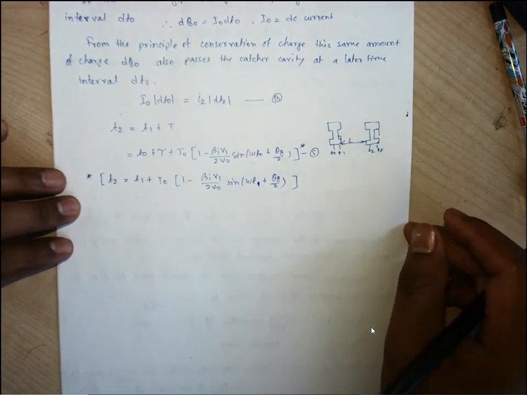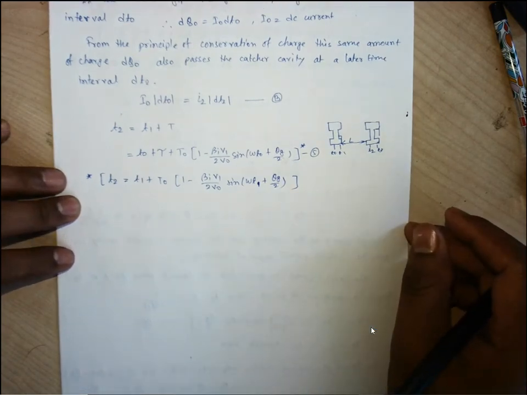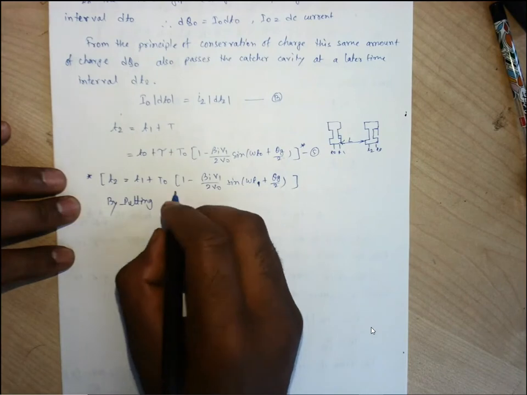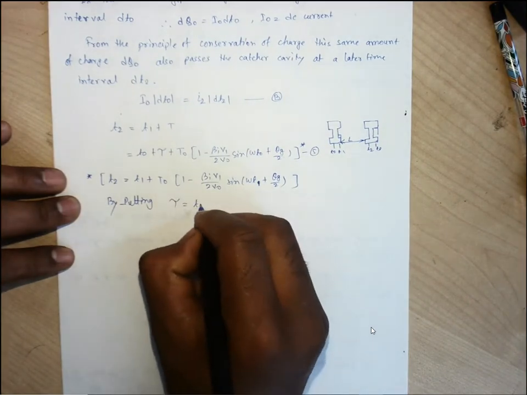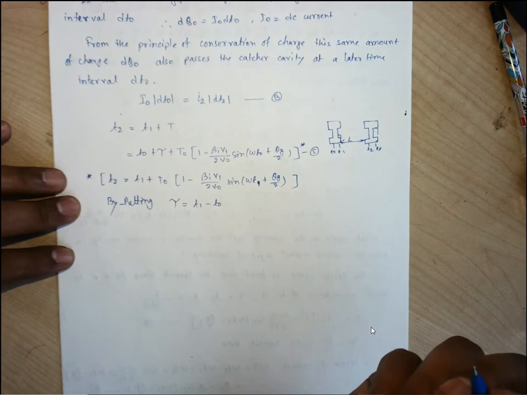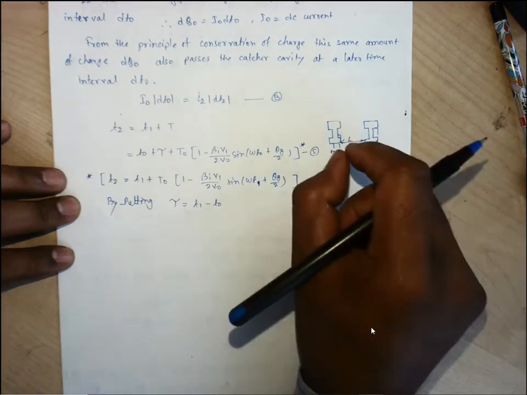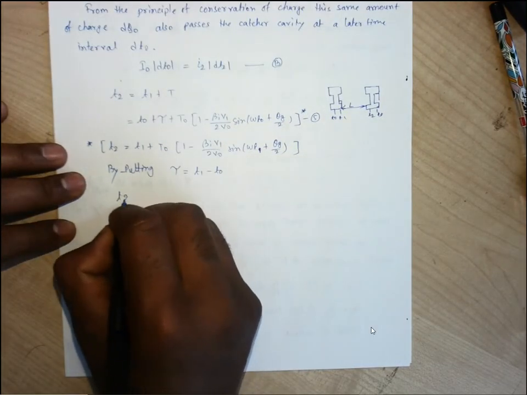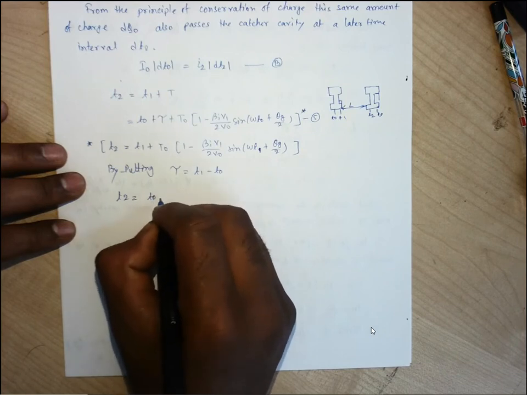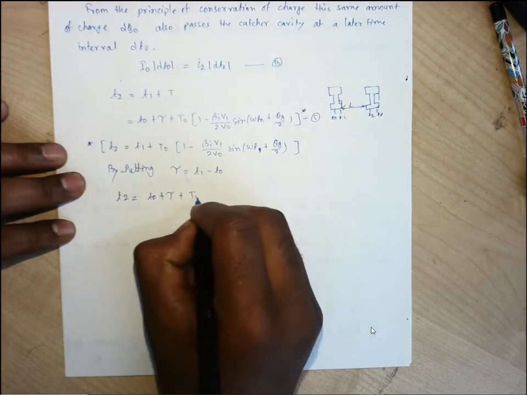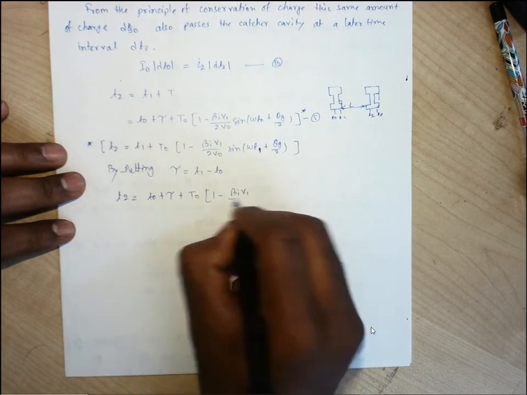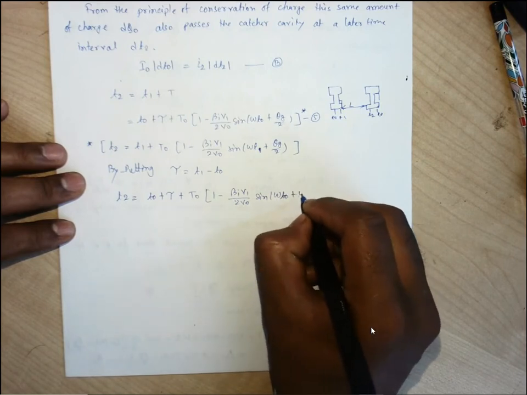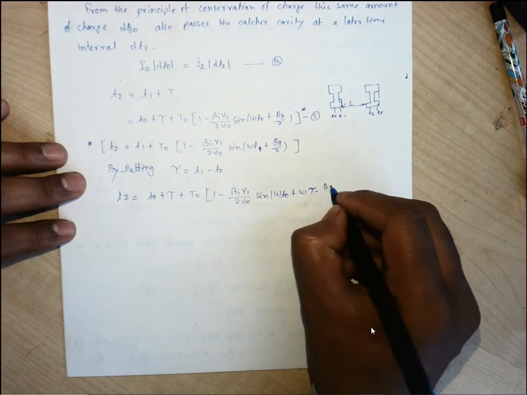Now if we use tau is equal to t1 minus t naught, the time period for which the electrons have been available in the gap, that is t2 is equal to t naught plus tau plus t naught into 1 minus beta i V1 by twice V naught sin of omega t naught plus omega tau, plus theta g by 2.